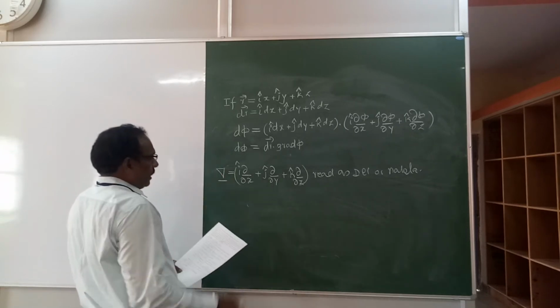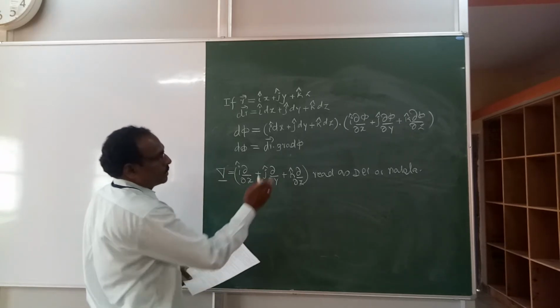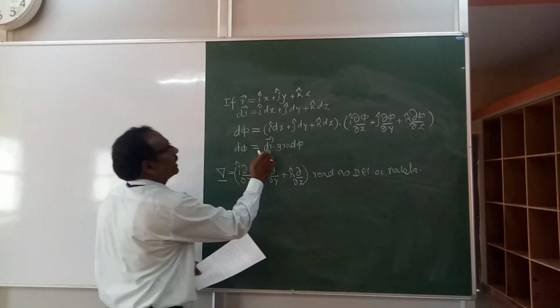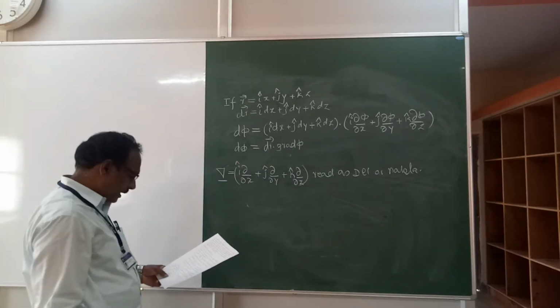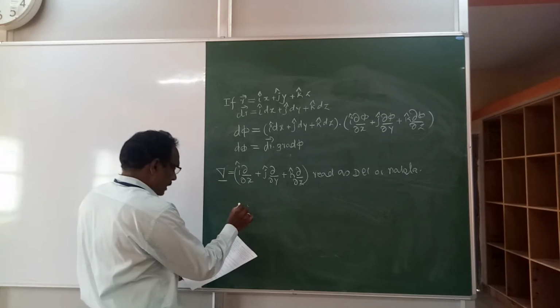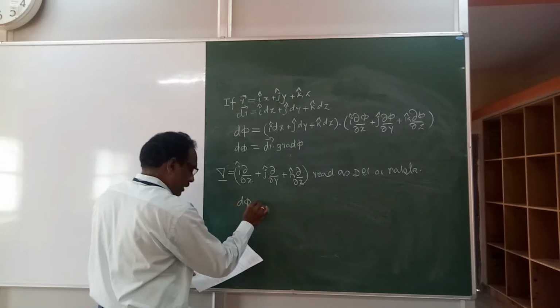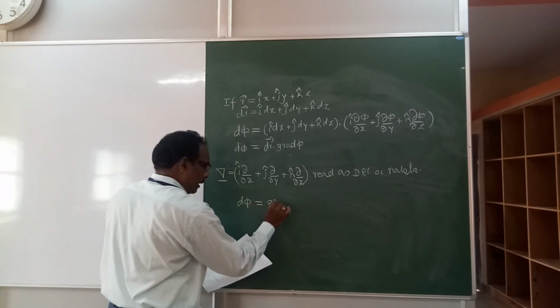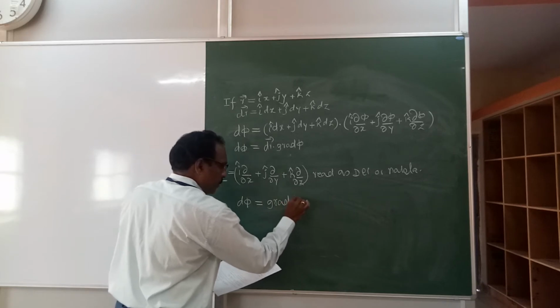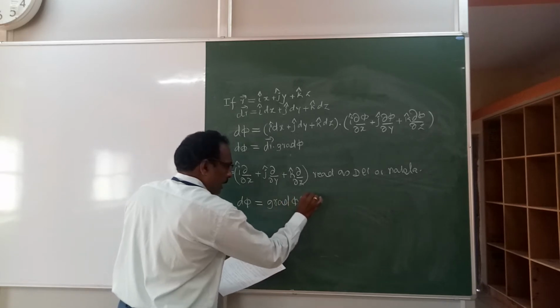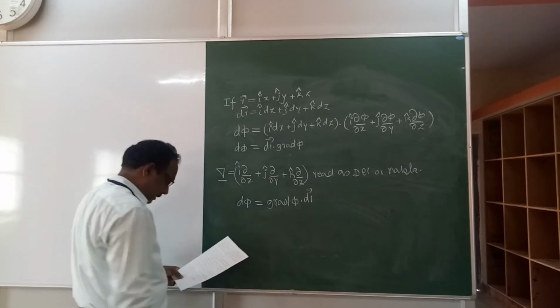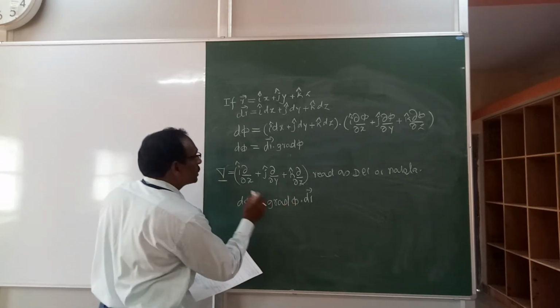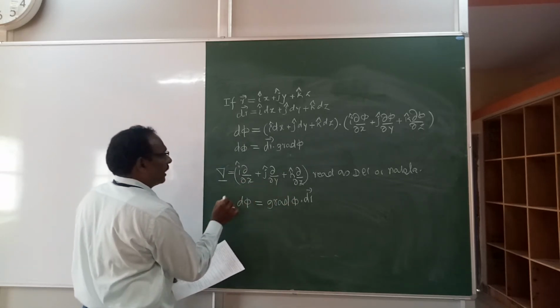So we have come across d phi is equal to dr dot grad phi, or d phi is equal to grad phi dot dr, because it is a dot product. Now I can write this as del phi.